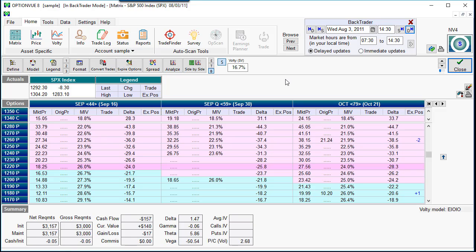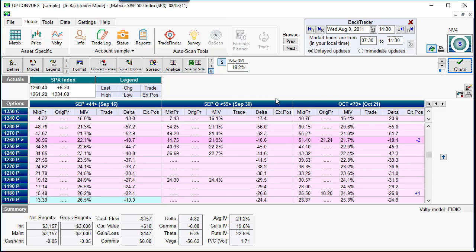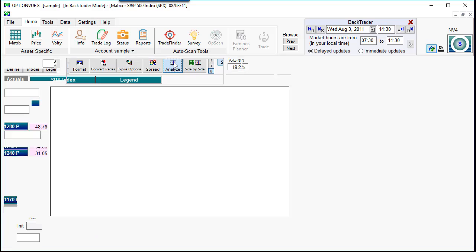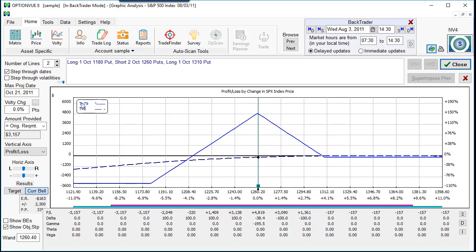And the point I'm trying to illustrate here is you have got to honor your maximum loss. Nobody likes to take losses, myself included, but taking losses is part of trading. You have to take the loss when your trade is drawing down and you are hitting your maximum loss.